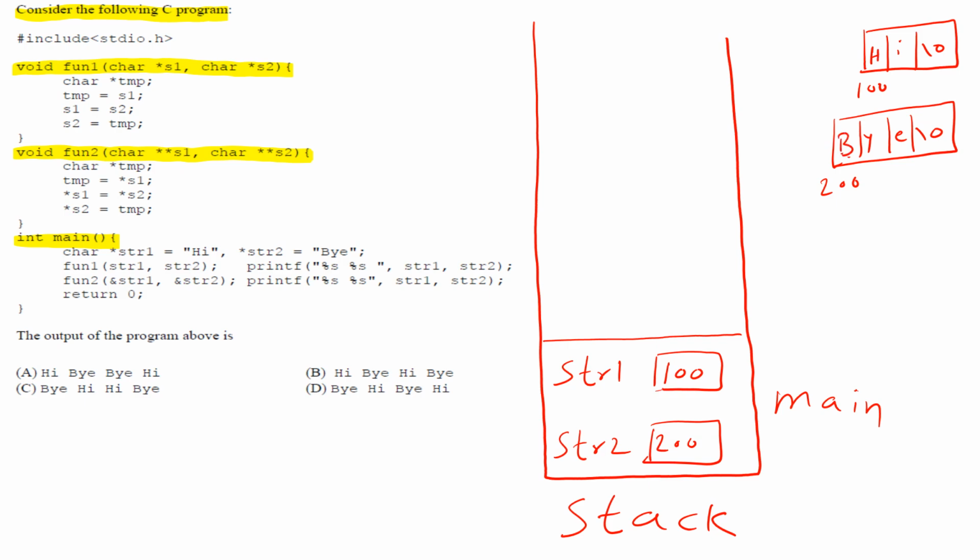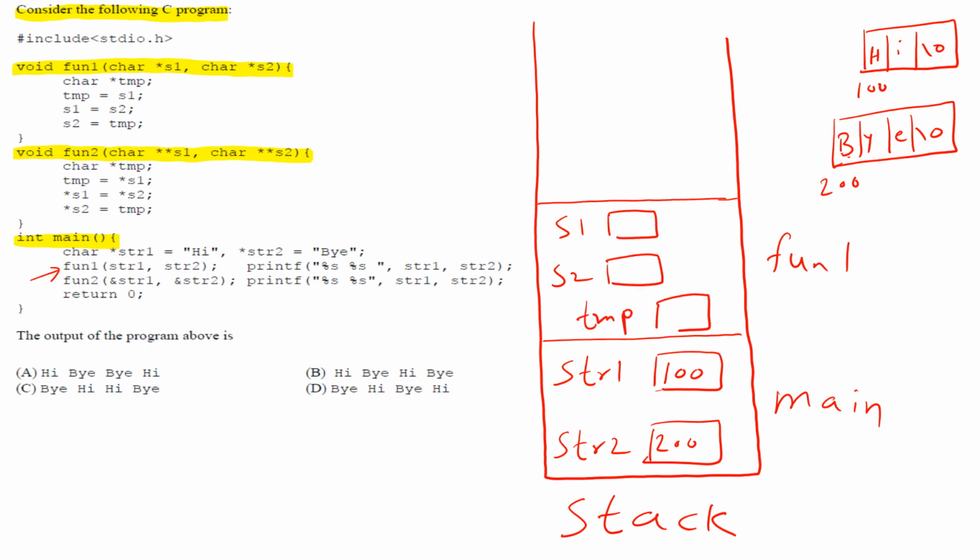Now we call this function fun1. So a stack frame for fun1 is pushed onto the stack. What does it contain? It contains memory for s1, s2 and temp, right?